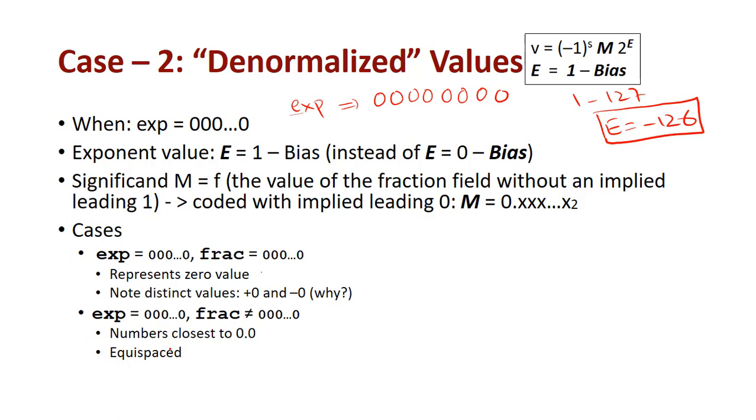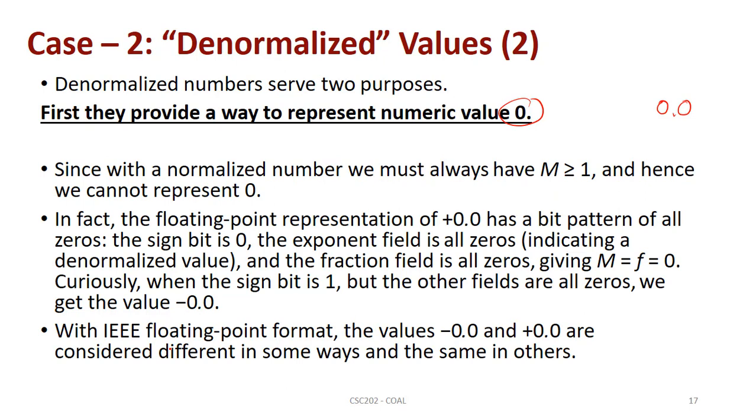We can have a few questions here about positive zero and negative zero. In fact, the floating point representation of plus 0.0 has a bit pattern of all zeros. The sign bit is zero, the exponent field is all zero, indicating a denormalized value, and the fraction field is all zero.